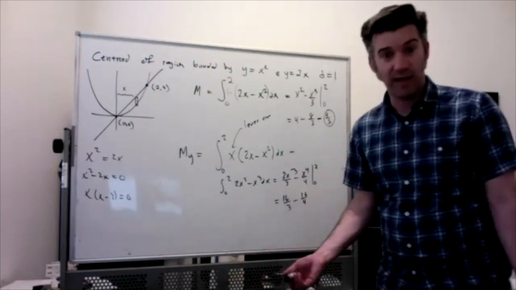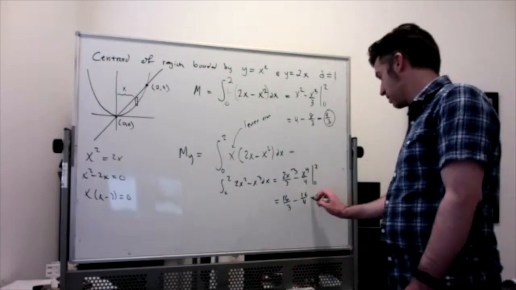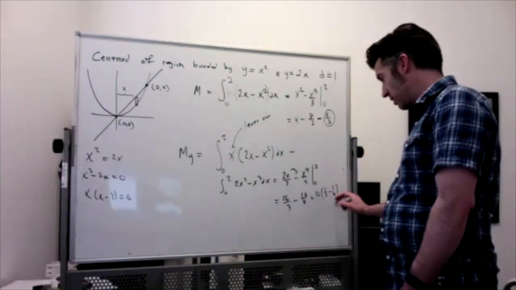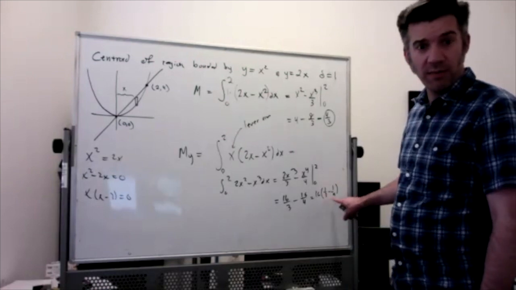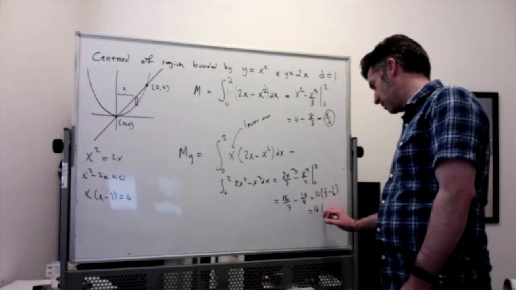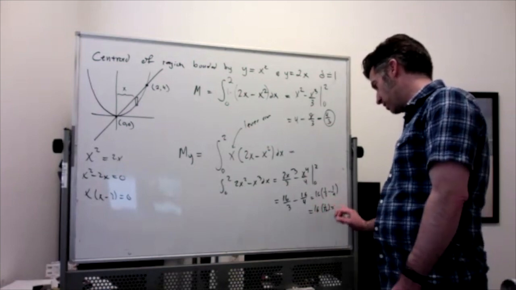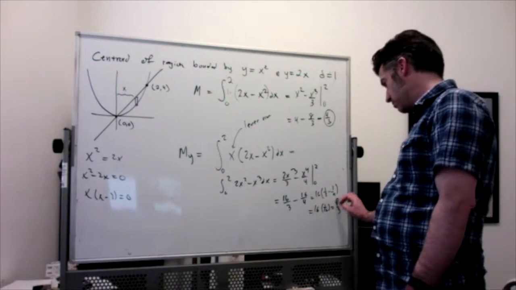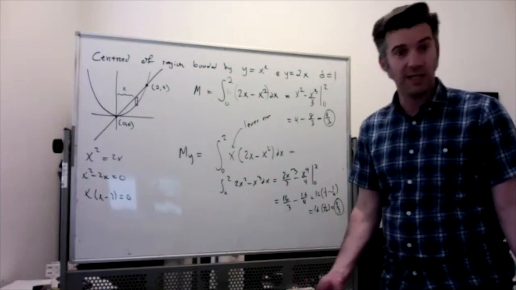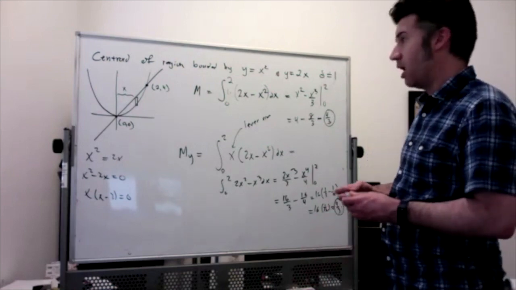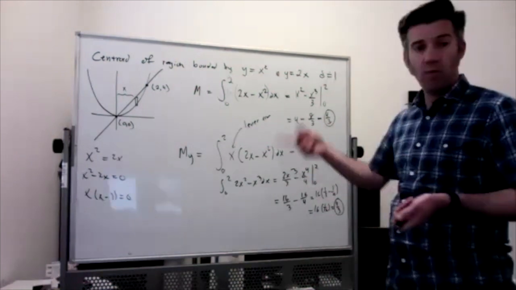This is where I would factor out a 16: 16 times a third minus a fourth. 4/12 minus 3/12 is 1/12. So this is 16 times 1/12, which is 16/12, which reduces to 4/3. That is a coincidence that the mass and the moment happen to be the same. Interesting.